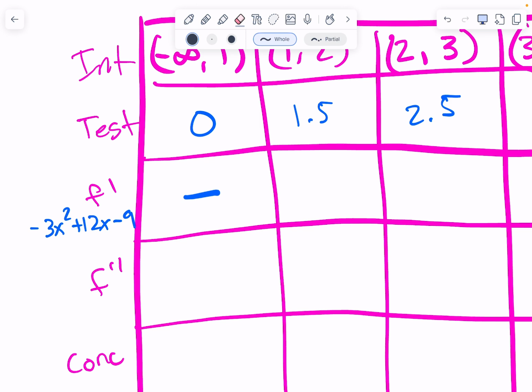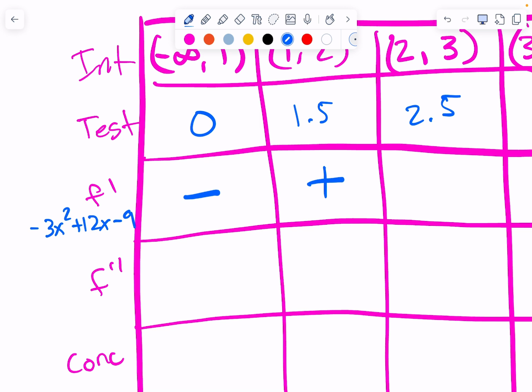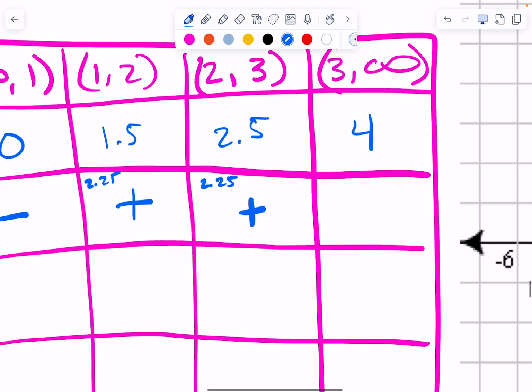I get 2.25, so positive. If I plug in 2.5, I get also 2.25. So positive again. That's handy.